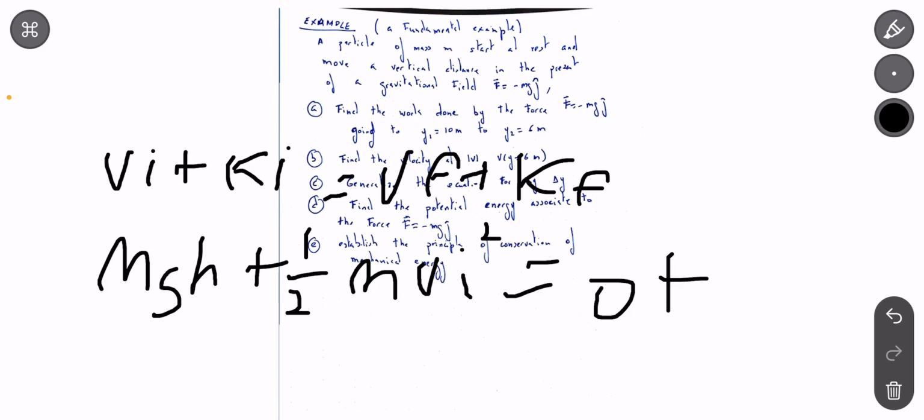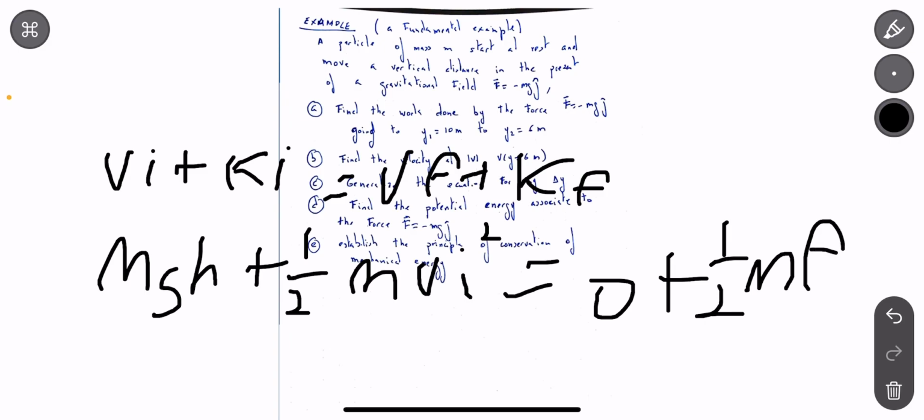No, this is the final, I'm sorry. Over 1/2 m vf squared. Then we could cancel this initial part out, remember this, because this is a 0 we talked about earlier.